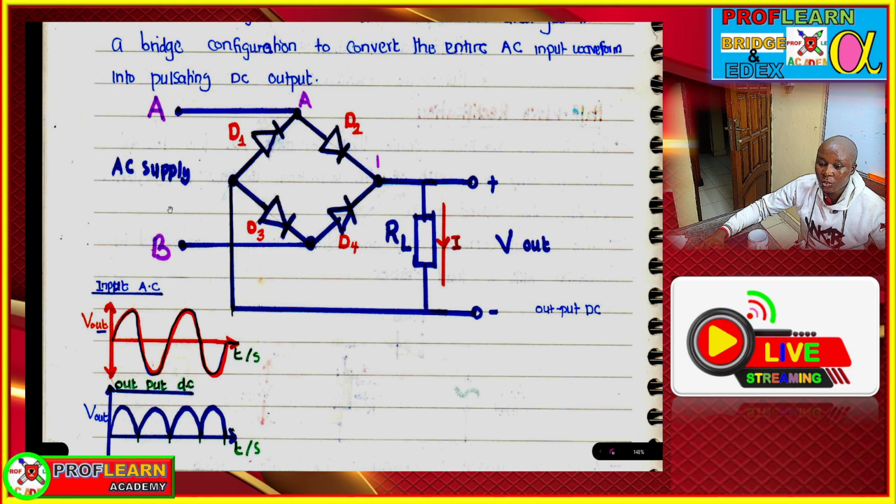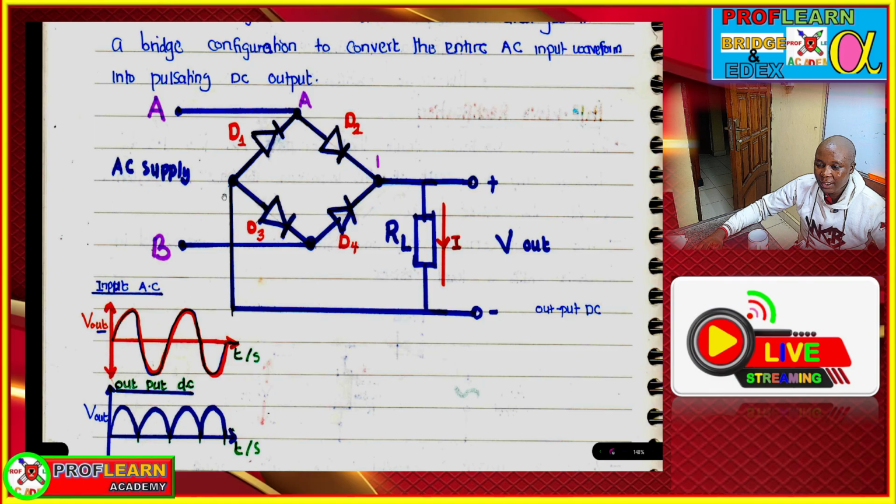When current is going to reverse, then in that case, this will be negative and this is positive. Then current will flow from B through diode 4, then through the resistor back to this.